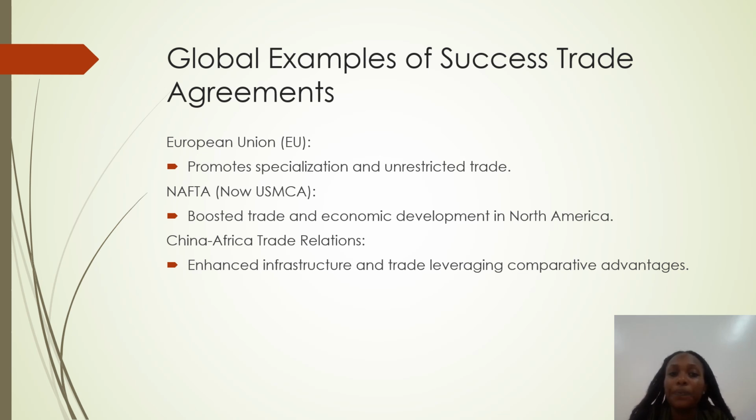These are trade agreements which have succeeded so far. There is USMCA, which boosts trade and economic development in North America. There are also China-Africa trade relations, enhancing infrastructure and trade through divergent comparative advantages.